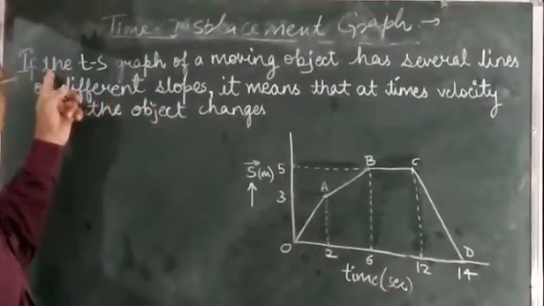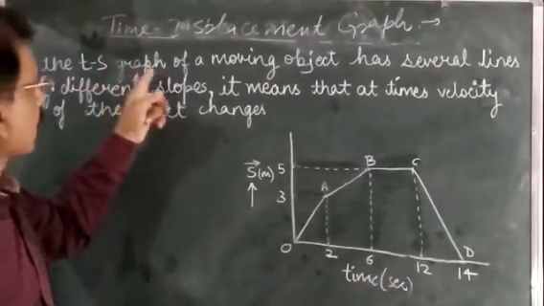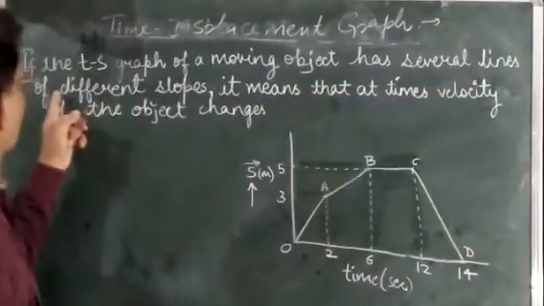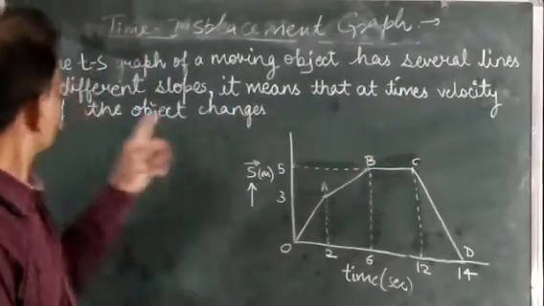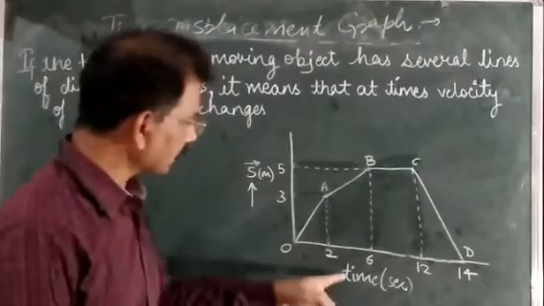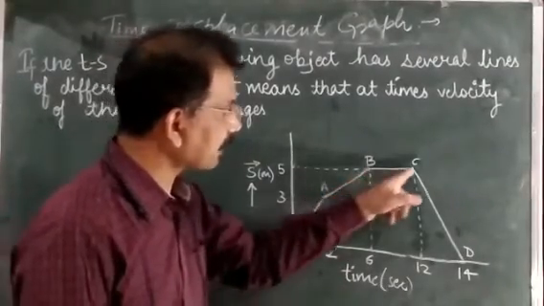Next point, if the time displacement graph of a moving object has several lines of different slopes, it means that at times the velocity of the object changes. For example, this is a time displacement graph and this graph consists of different lines.